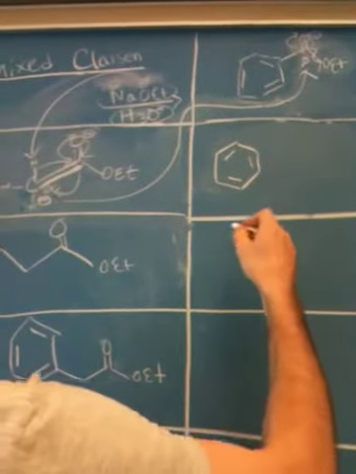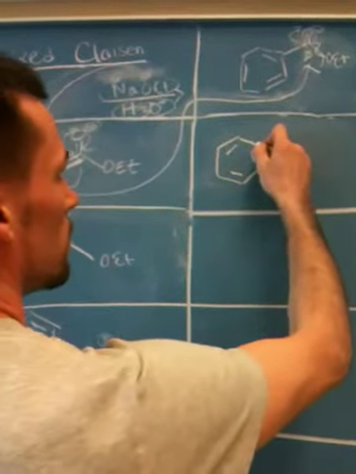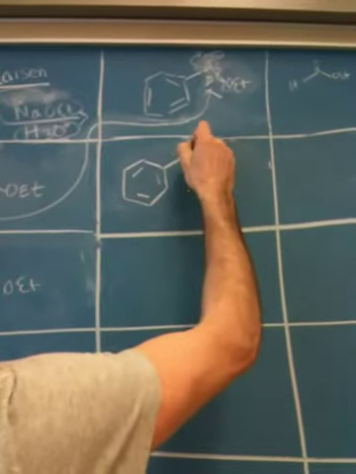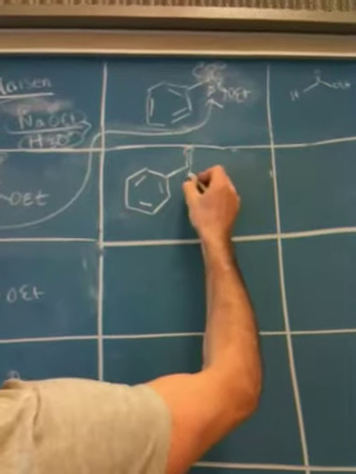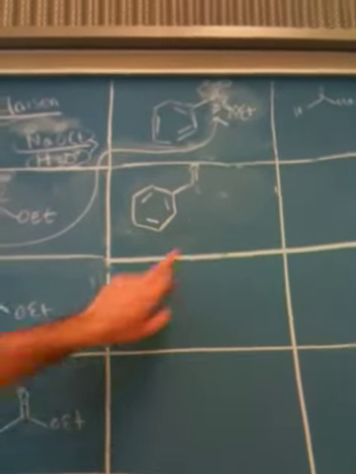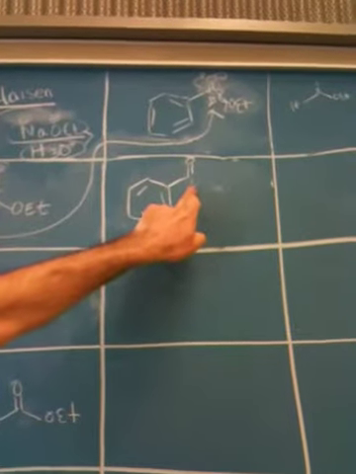Okay, so we got here. This is beta. Let's write our alpha next to it, because alpha gets attached to the beta.